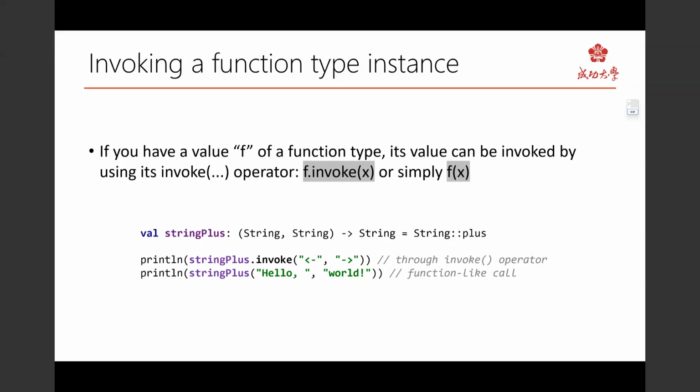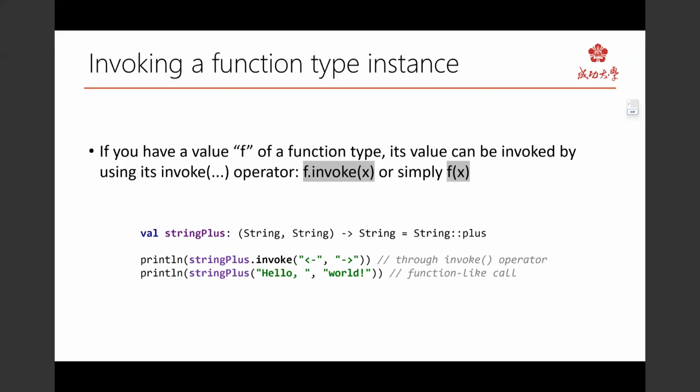So once we have a function stored inside a variable, how can we invoke the function? Well, there are two different methods. The first one is to use the invoke method, and then we pass in the parameters, very simple. The second one is actually a more natural way, I think.